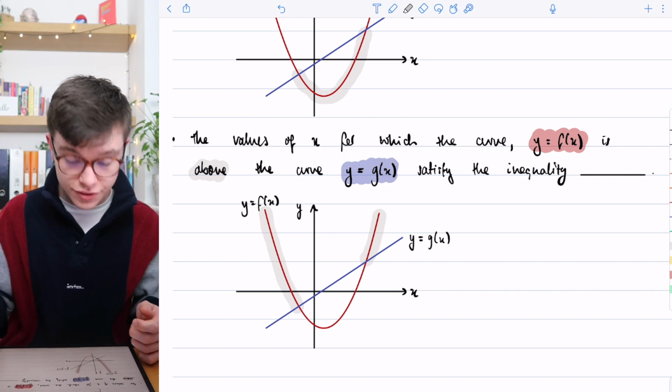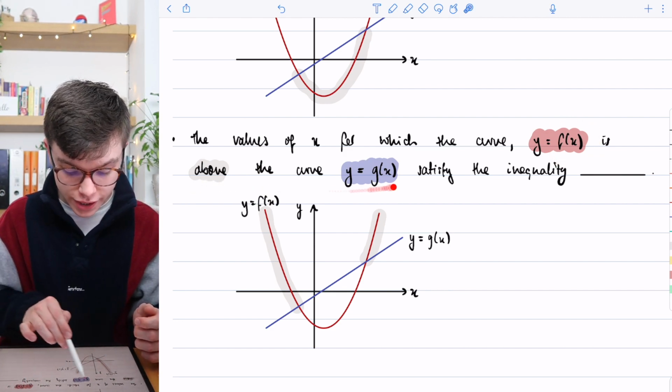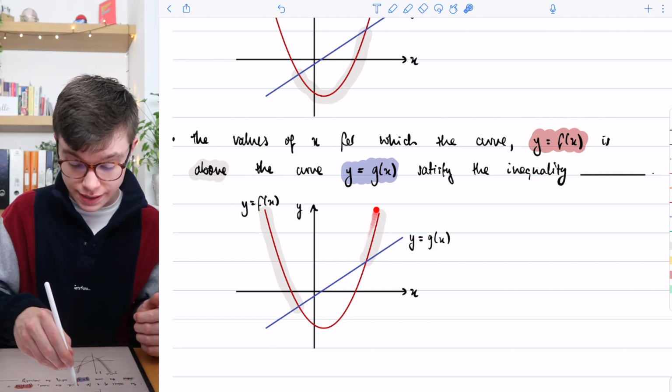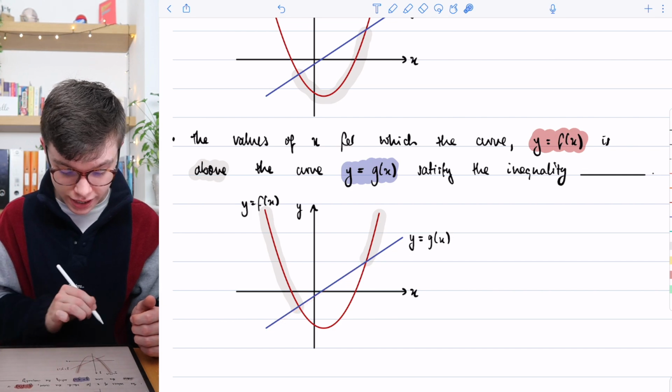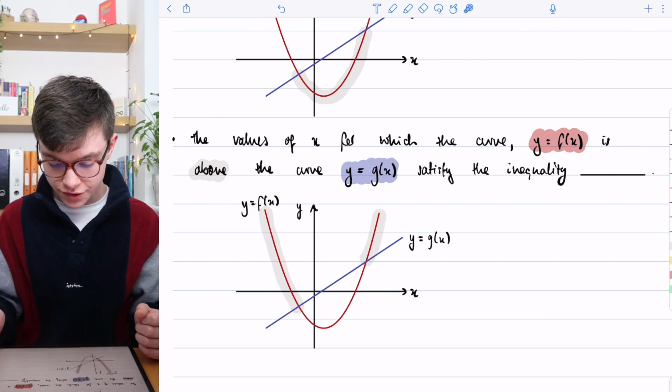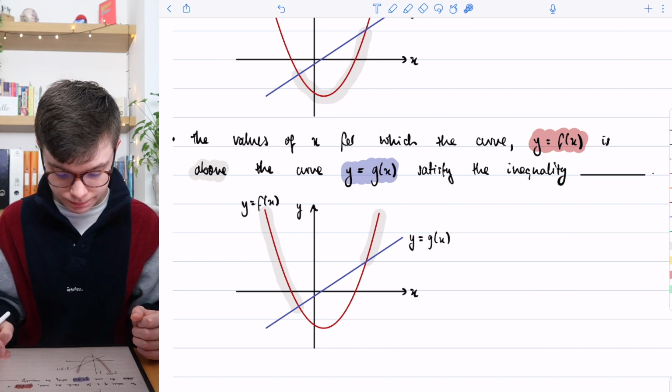Those are the parts of the graph where we have f of x being above g of x, again for the reason that it is on a higher part of the page, if you like, than this straight line, and so that works out for the graph. Now, what inequality does that satisfy?